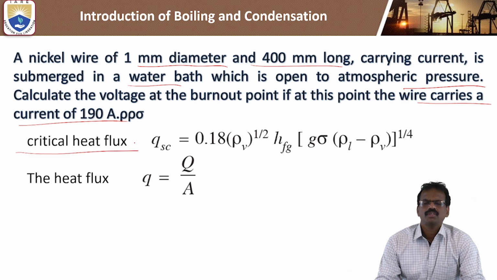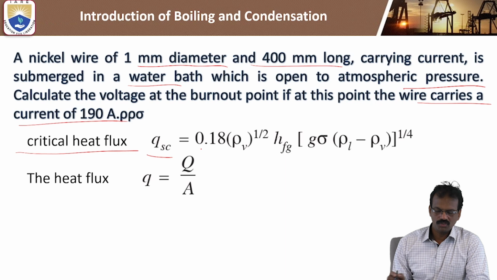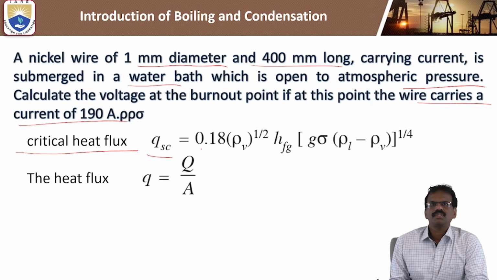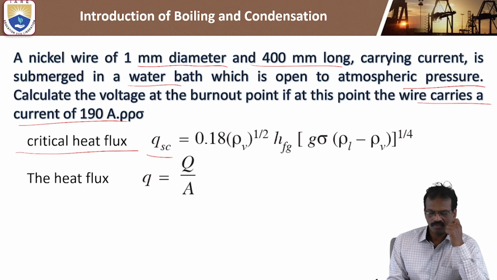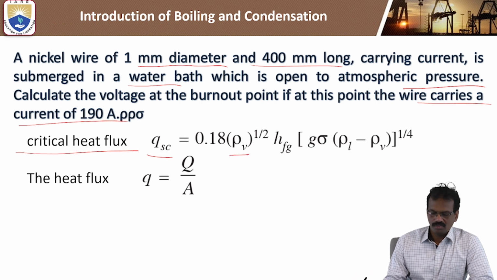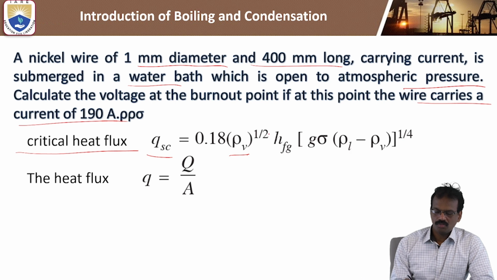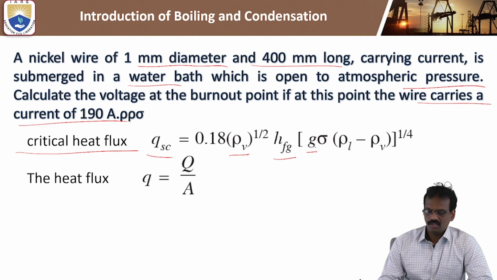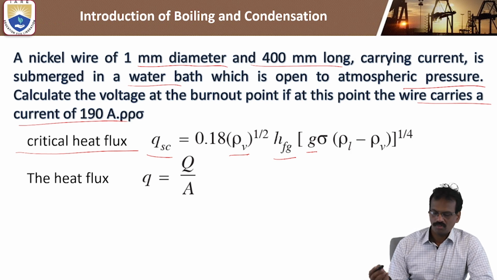Critical heat flux. You know the formula for the critical heat flux, q_s,c, surface critical heat flux, is equal to 0.18 into h_fg, enthalpy, times rho_v, density of the vapor, whole to the power 1 by 2, into g, acceleration due to gravity, sigma, surface tension, times (rho_L minus rho_v), whole to the power 1 by 4.